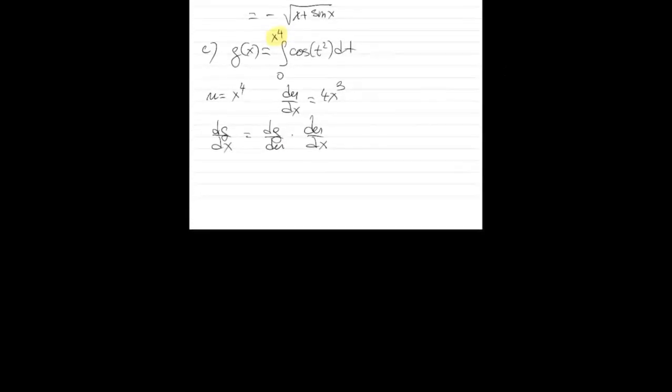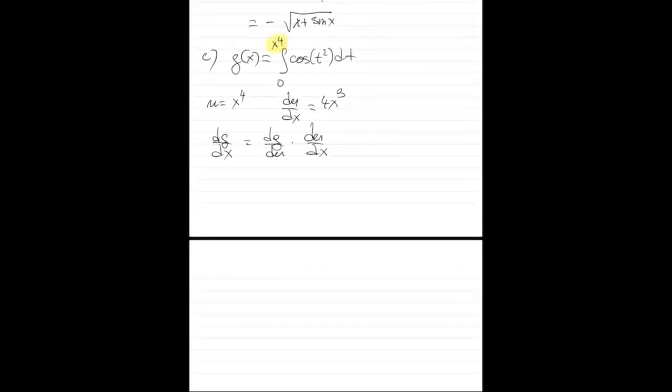So to find g prime of x, which is what we want to do, g prime of x is d dx of our function, the integral from 0 to x to the 4th of cosine t squared dt. But we have a problem.